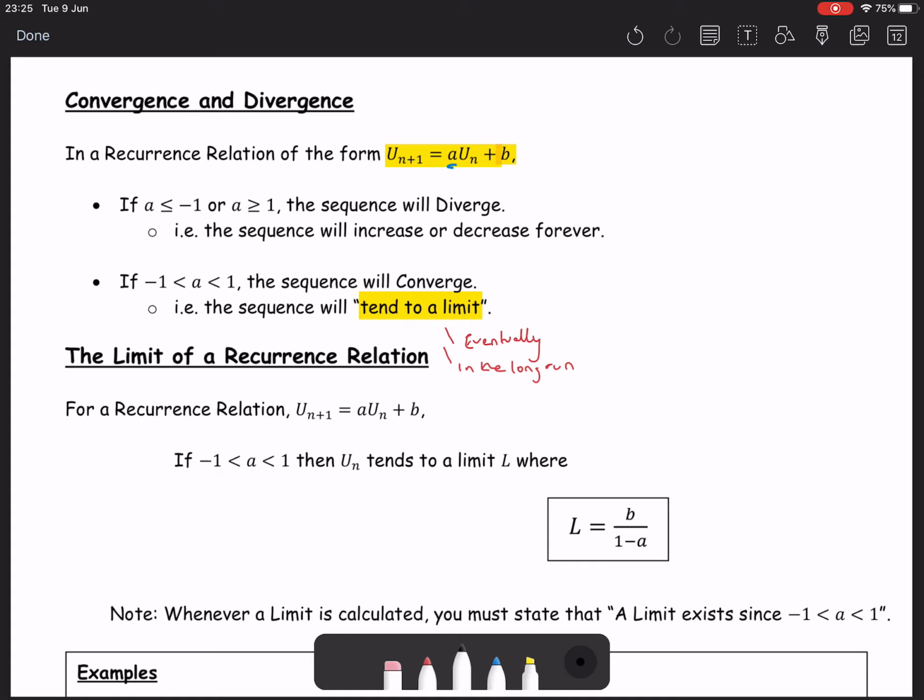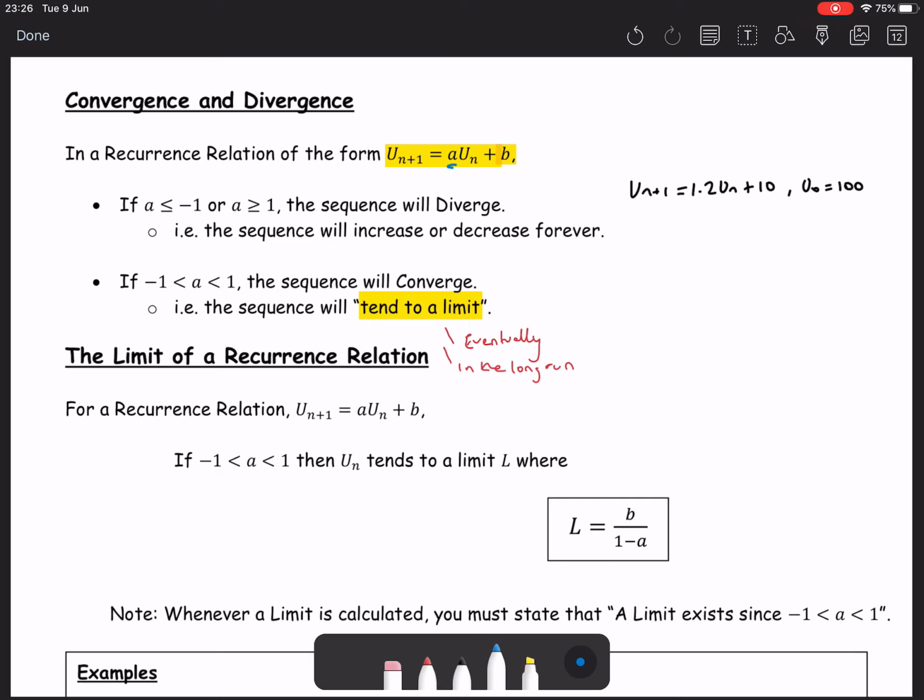In this first one, I'm going to look at one which has an a value which is greater than 1, so a value of 1.2. It falls within this divergence. The rest of it is not particularly important: plus 10 is just a b value, and u_0 is equal to 100. Let's put that into a calculator.